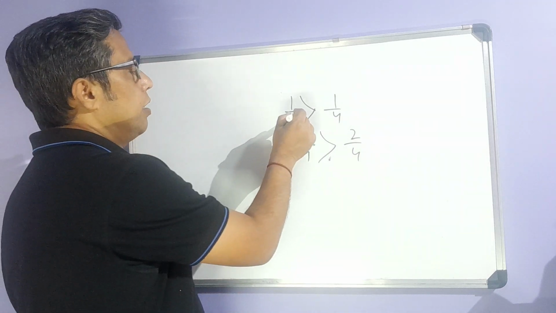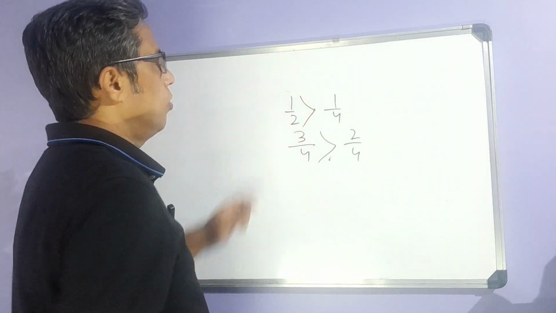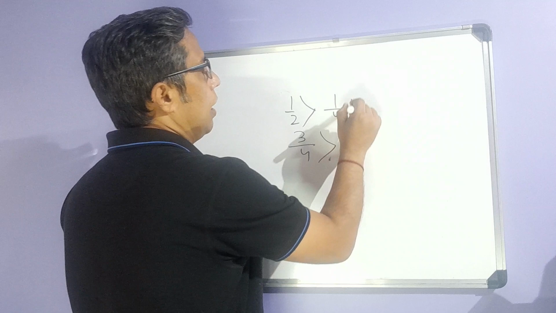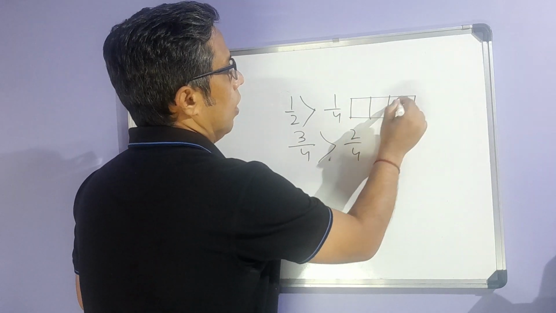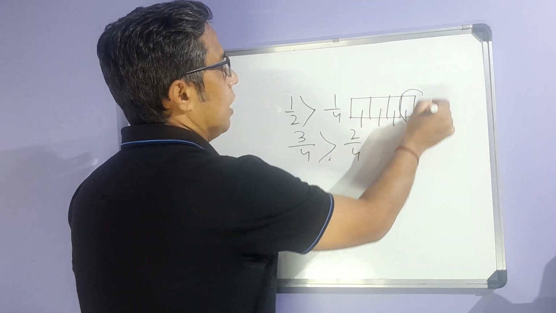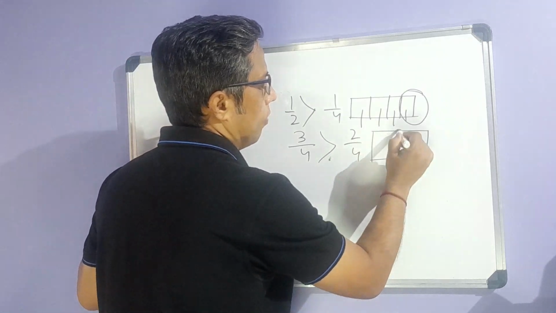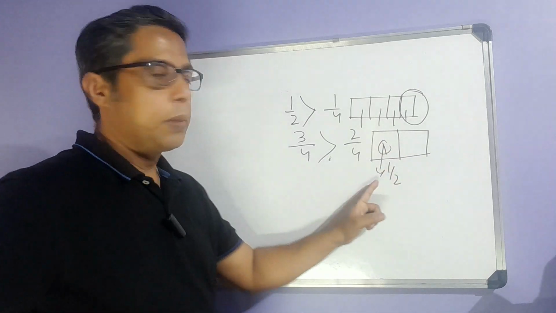1 by 2 means 50% of the total, and 1 by 4 means one piece. You can do it like this: 1, 2 and 3, so 1 by 4, 1 by 4, 1 by 4. This is 1 by 4, and if you go for half, this part is half.